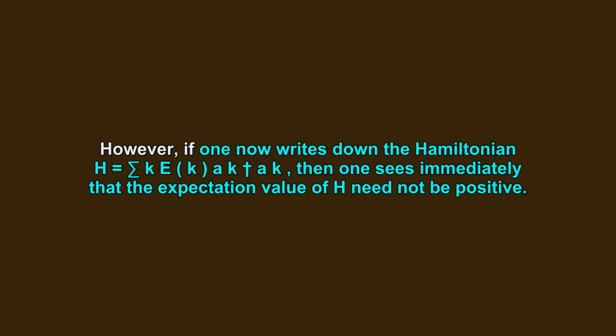Of course, since we are dealing with fermions, we have to have the operators satisfy canonical anti-commutation relations. However, if one now writes down the Hamiltonian H equals sum over k of E_k a_k† a_k, then one sees immediately that the expectation value of H need not be positive.